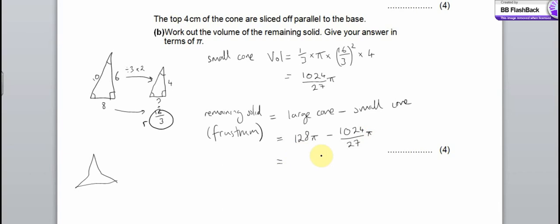And if you do that, then you'll get 2432 over 27 pi. And again, it's cubic centimeters, and that's just done by fraction subtraction.